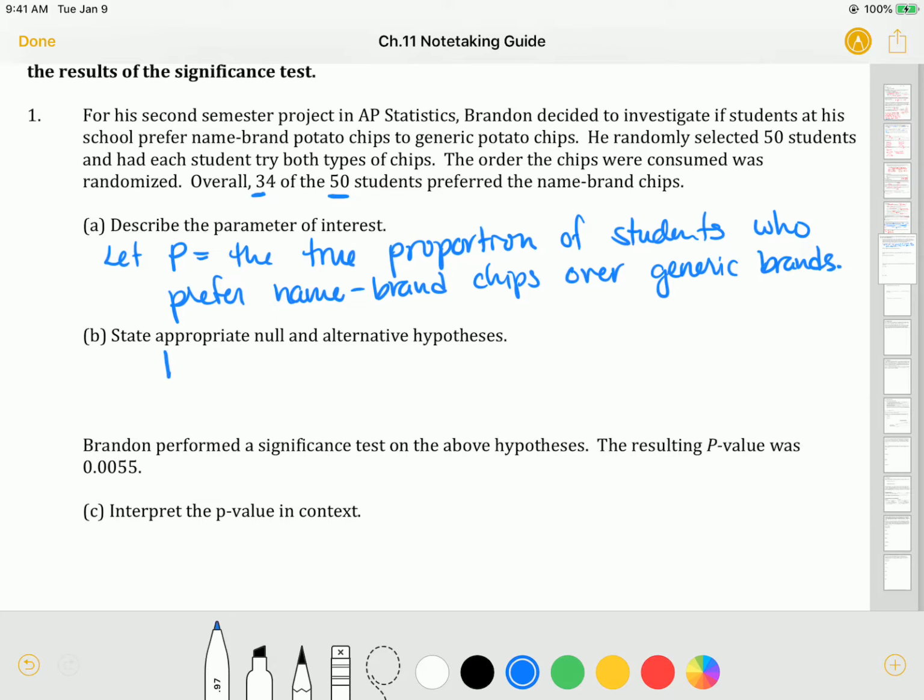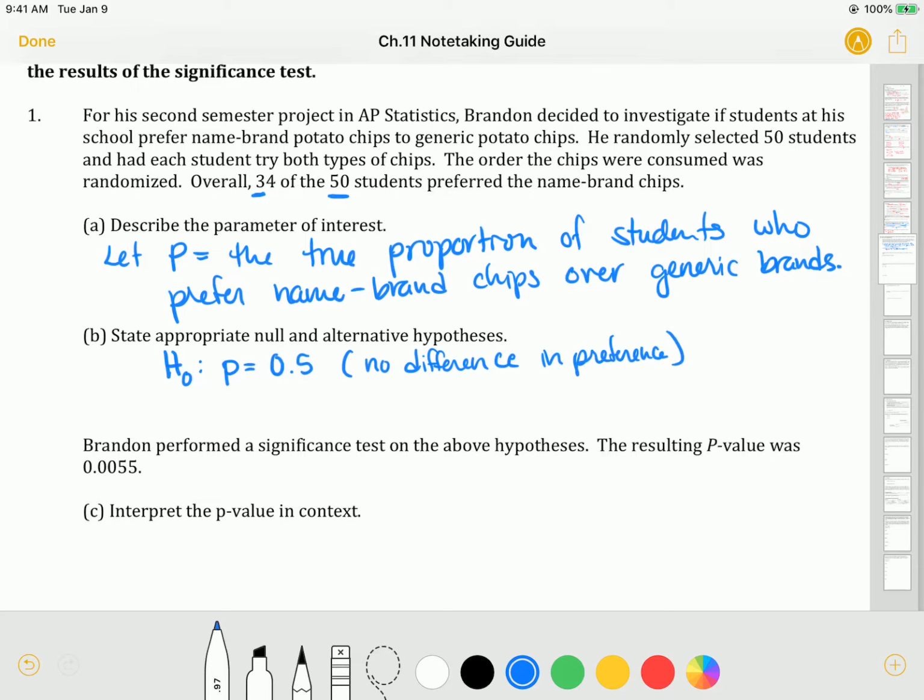So our null is going to be that P is equal to 0.5. That half the students like generic, half like name brand. So this means that we're basically assuming that there's no difference in preference.